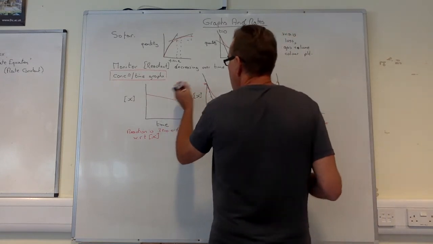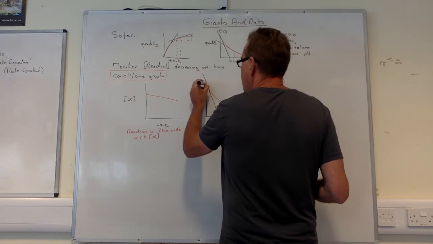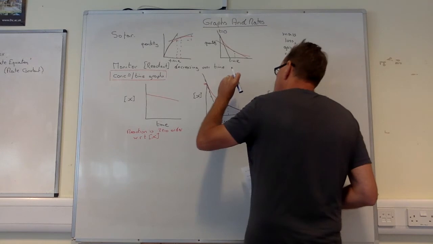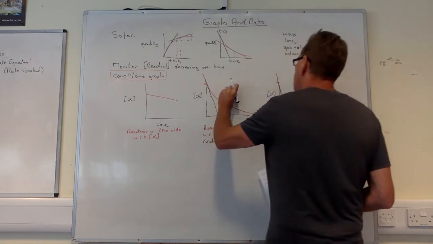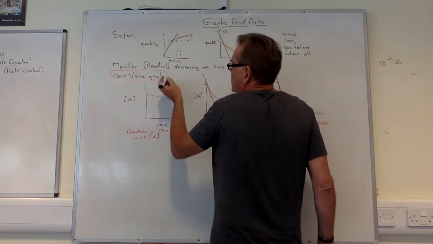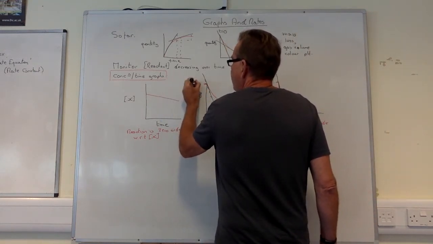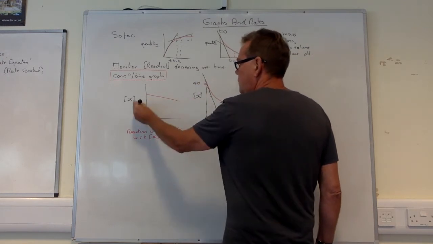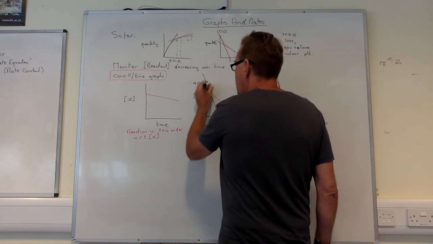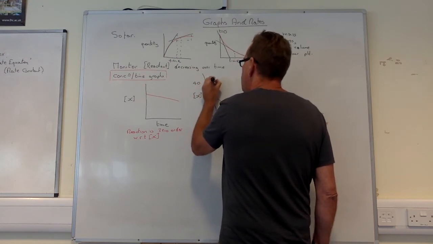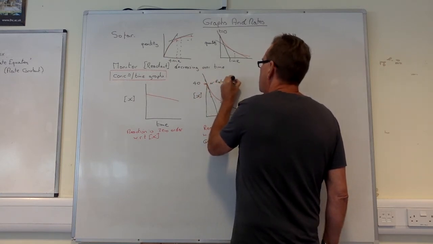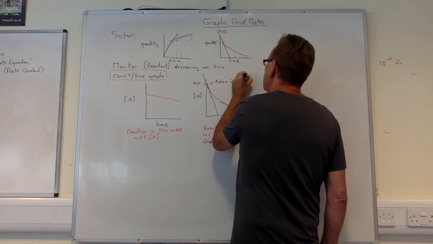Because these are, like I say, quite similar, you can be clear that this is first order, and that this is second order. How do you do that? Well, let's say your initial concentration of X is, I don't know, 4 moles per dm cubed. These are in moles per dm cubed, of course. And let's say you take a tangent there, and you work out the gradient, and let's say the rate is, I don't know, 2 times 10 to the minus 3.